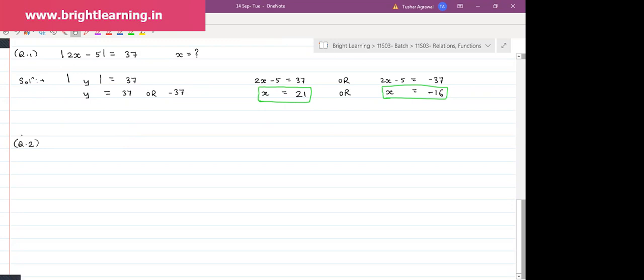Question number 2 now. Find the domain of the square root of modulus x minus 10.